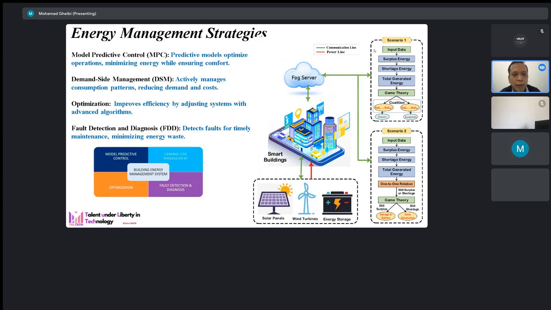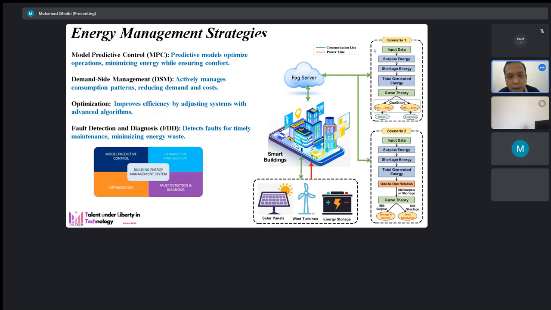Okay, slide 5. To create effective energy management strategies, consider implementing the following approaches. For example, model predictive control, MPC, utilizes predictive models to optimize operation, ensuring energy efficiency while maintaining comfort levels. And demand side management, DSM, actively manages consumption patterns to reduce overall demand and associated costs.